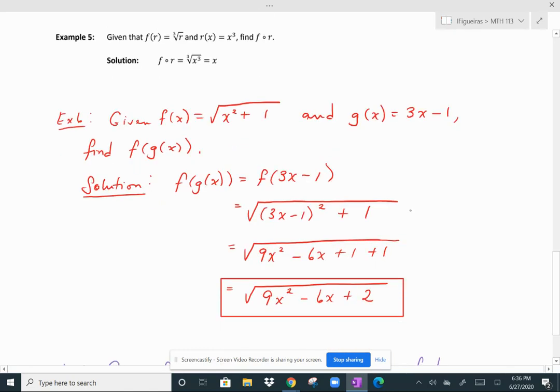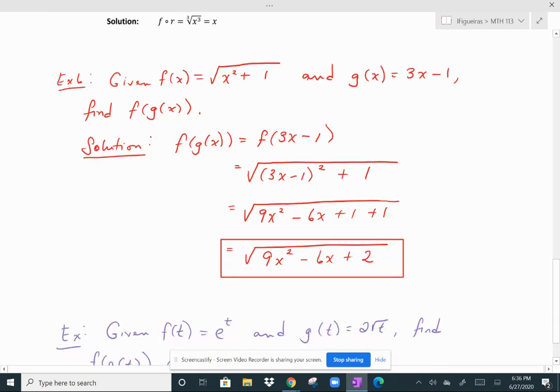So that's the work you see here. I have the square root of, and instead of x squared, you write 3x minus 1 squared, and then plus 1. When you FOIL this out, you get 9x squared minus 6x plus 1, and then that plus 1 has to get combined with that one. So in the next step, you combine like terms, and you get the square root of 9x squared minus 6x plus 2.